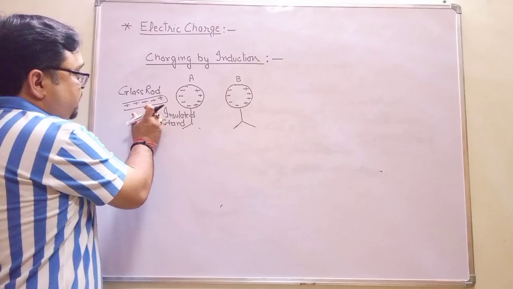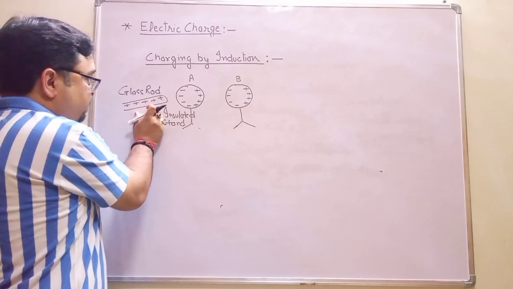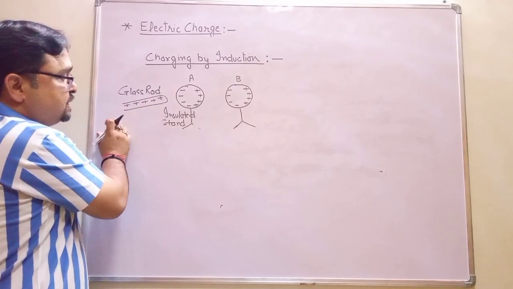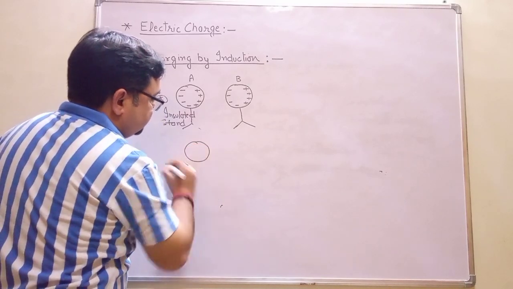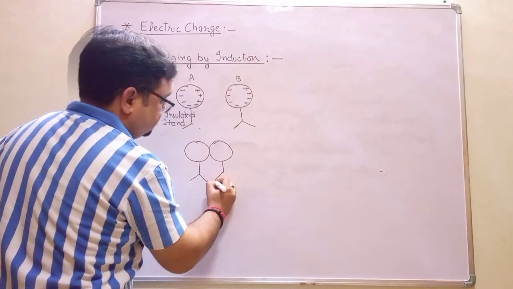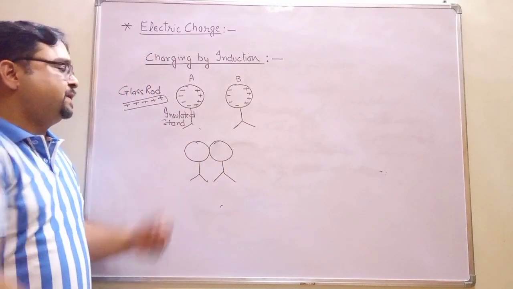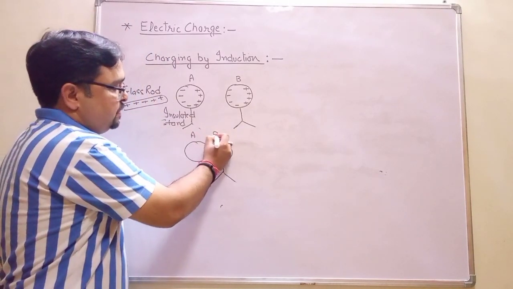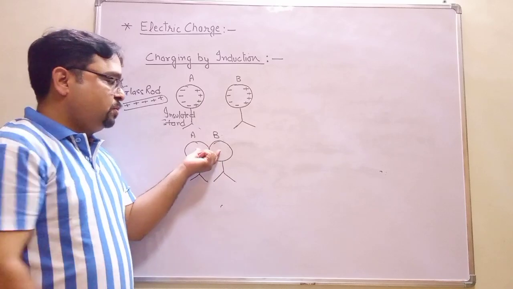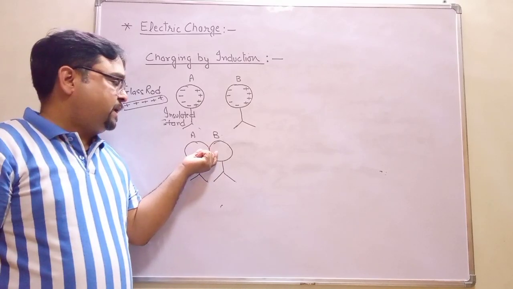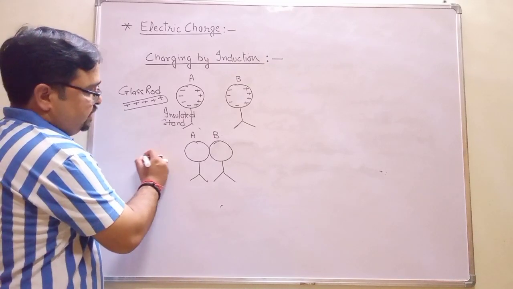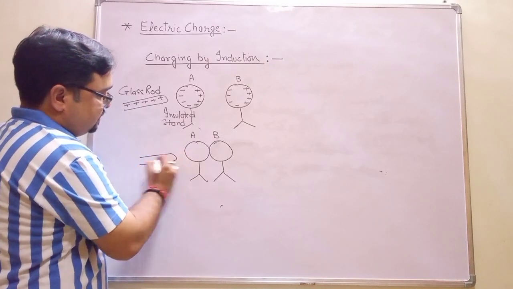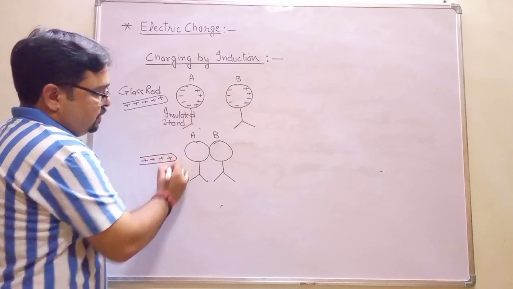Now suppose the two metal spheres A and B are brought closer to each other and they are in contact with each other. Now what is going to happen? See, glass rod is still there.